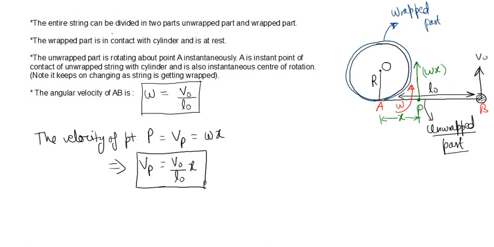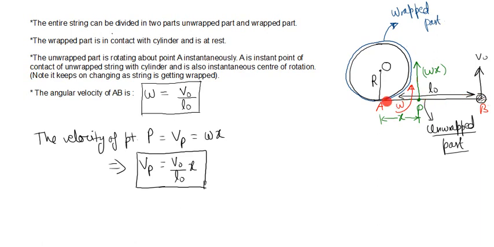Now the orientation of the string will start changing as time passes, and at this instant the point of contact is A. So the instantaneous point of contact is A, which is also the instantaneous center of rotation for all the particles on the unwrapped part of the string.